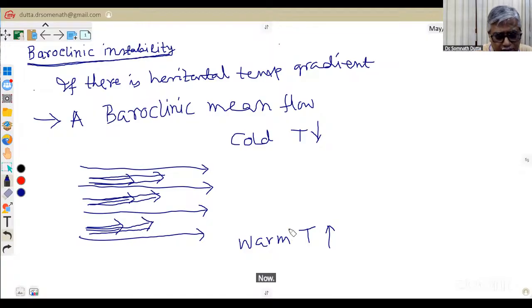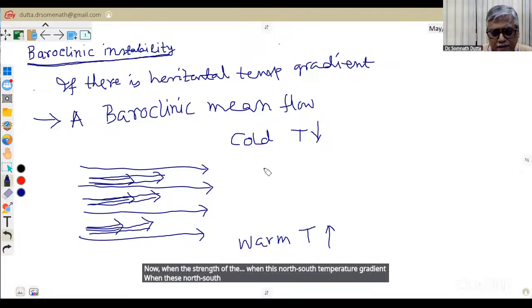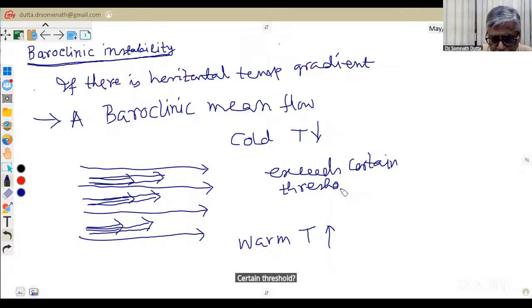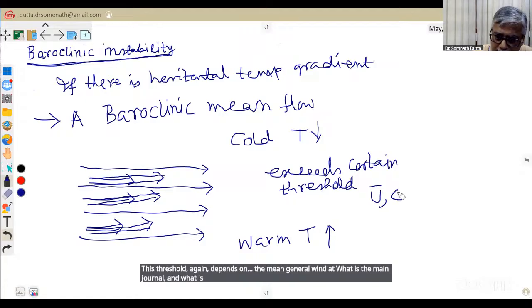Now, when this north-south temperature gradient exceeds a certain threshold, this threshold again depends on the mean zonal wind and the latitude.